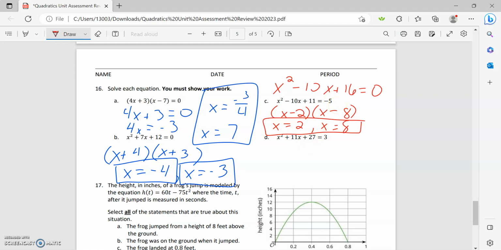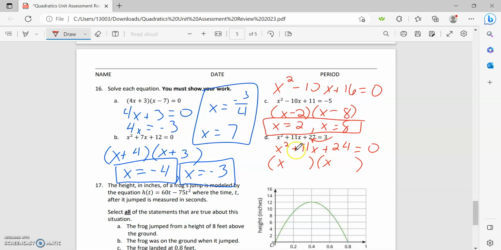So we can keep going. This one here, I'll go x squared plus 11x plus 24, right? I'm going to move that 3 over so that it equals 0. Factors, let's see, x squared, so I have x in the front of each one. They're both plus, so they're both the same sign.